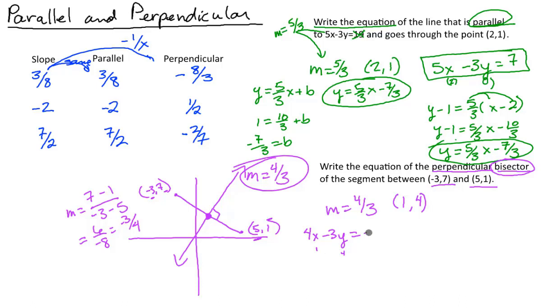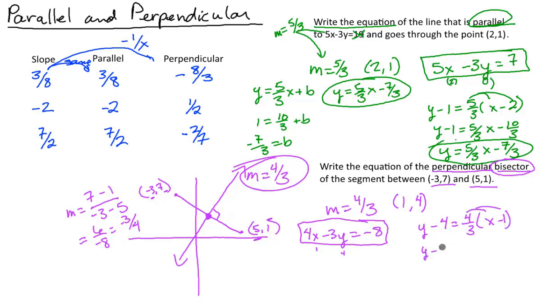4 minus 12 is a negative 8. So that's standard form. And let's do point slope. We could do y equals mx plus b as well, but let's do y minus y1 equals m times x minus x1 right there. And then jump that in.